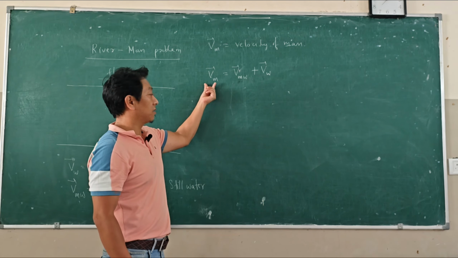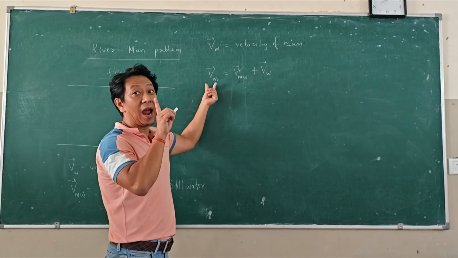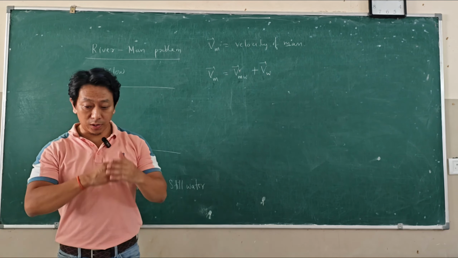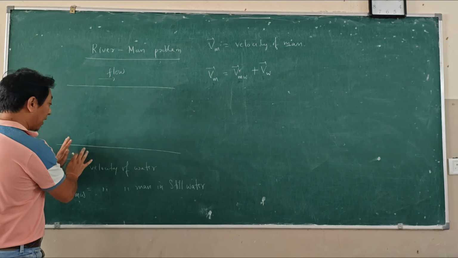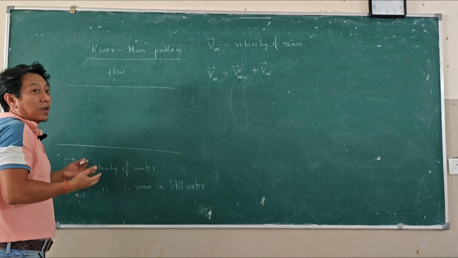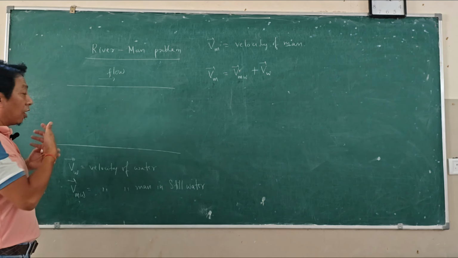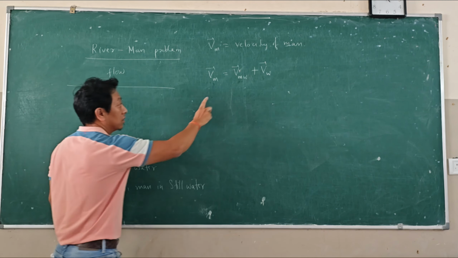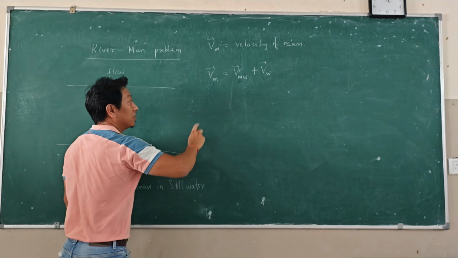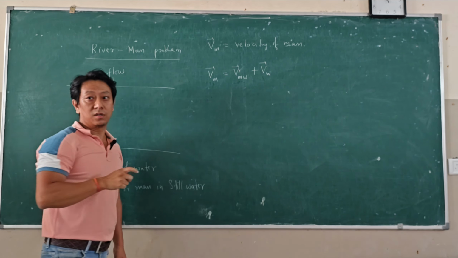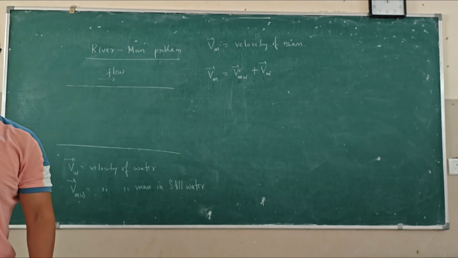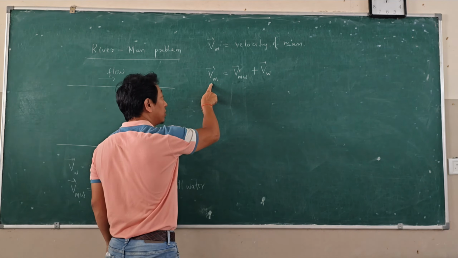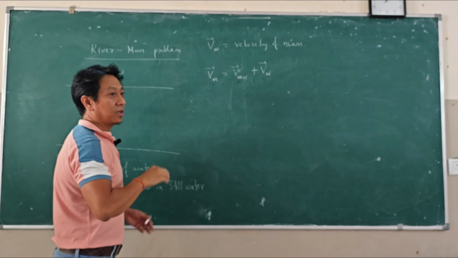You can say this, or it has this too. So when ground people observe the man, what is his velocity from ground? Either you say this or this too. Don't say this. Understood or not? Either it has these two as components of this, or you think this is the man's velocity.